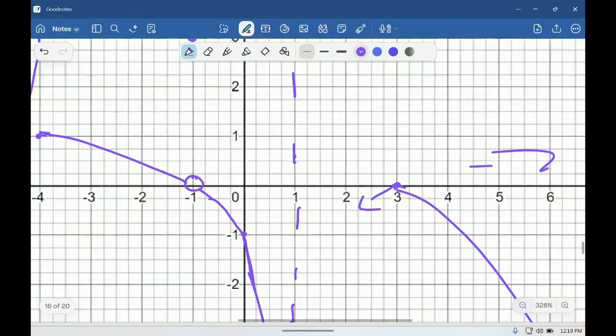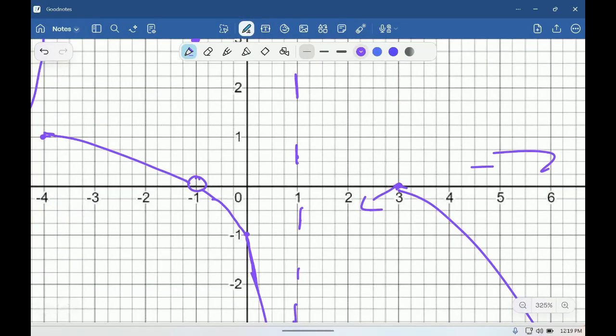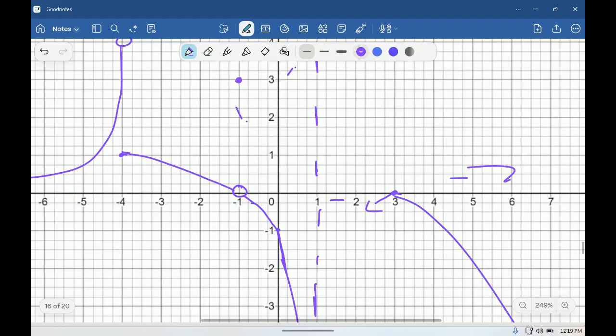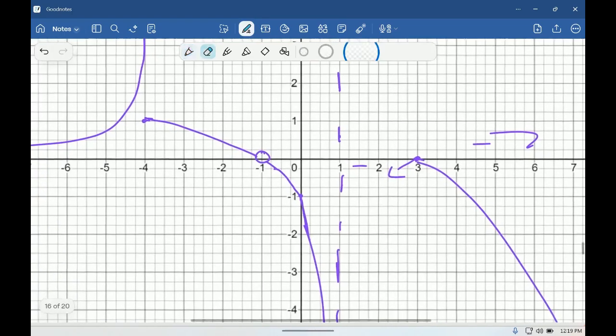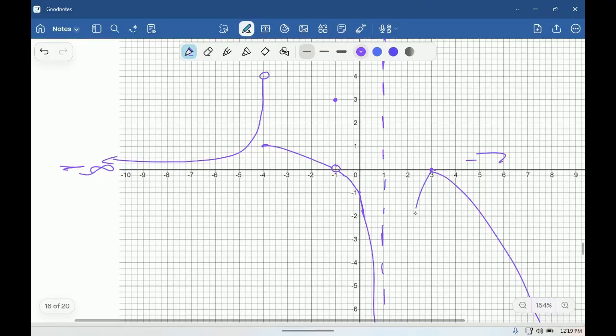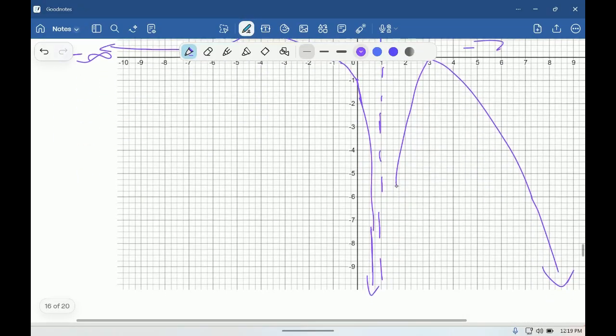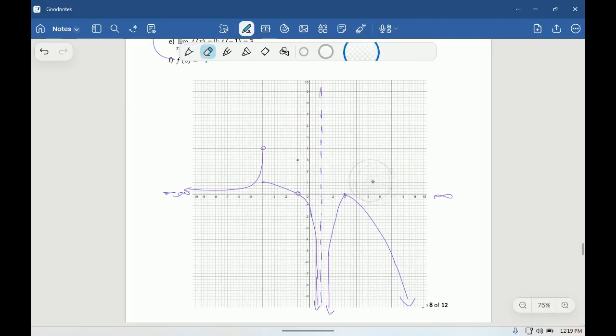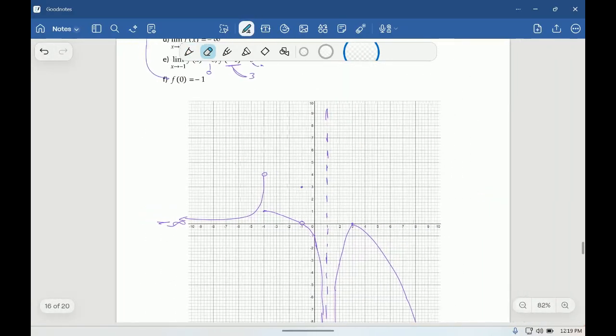So this one's also going to be going down over here because it can't go past y equals 0. The only other way it can really go is going down. So we're going to draw that out real quick. And this is what your graph should look like, considering all of those.